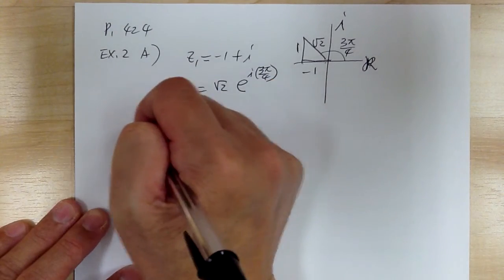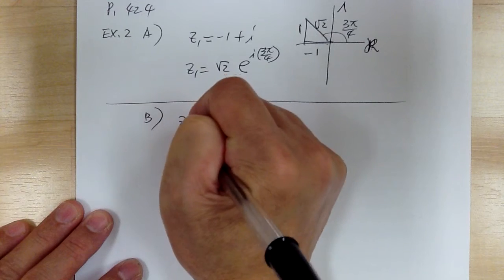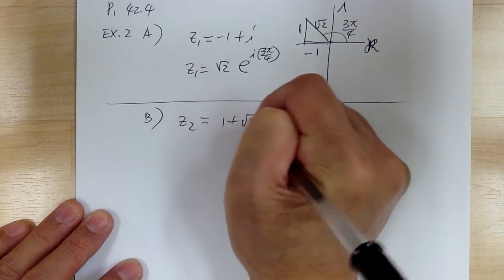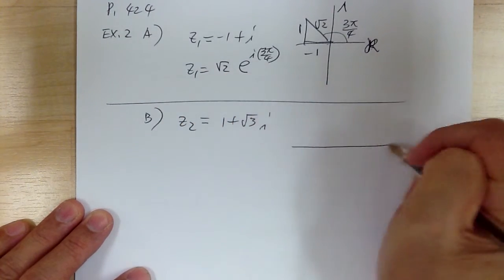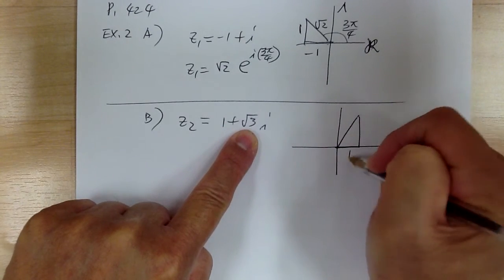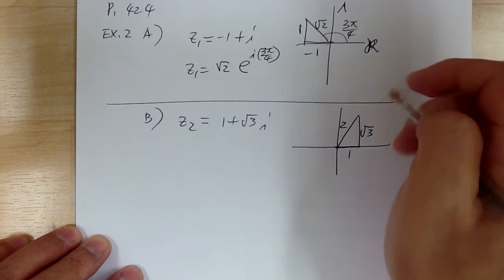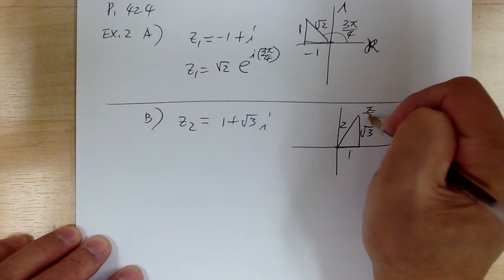Now let's go to B. z2 equal to 1 plus square root of 3 i. Again, you draw your triangle. That's 1 and square root of 3. The radius would be 2, and this would be pi over 3.